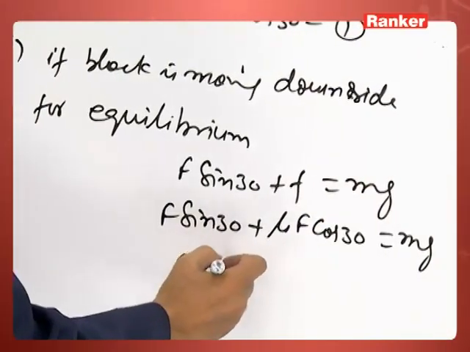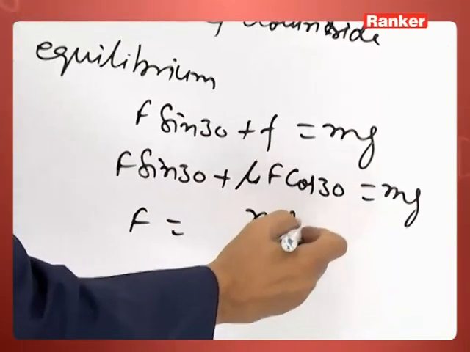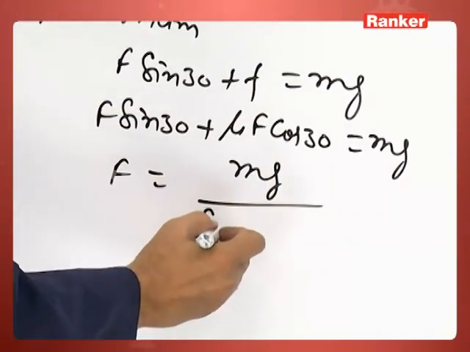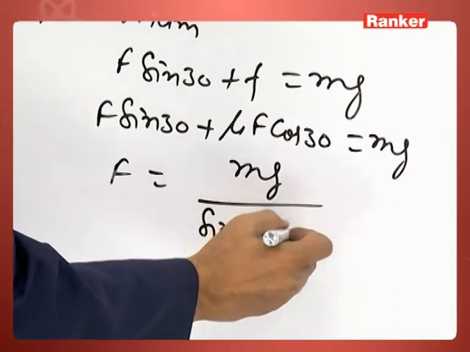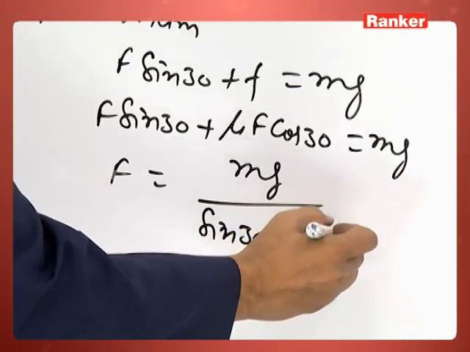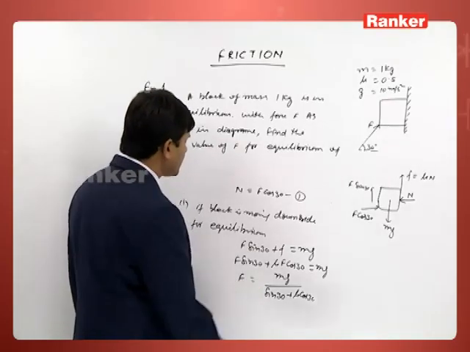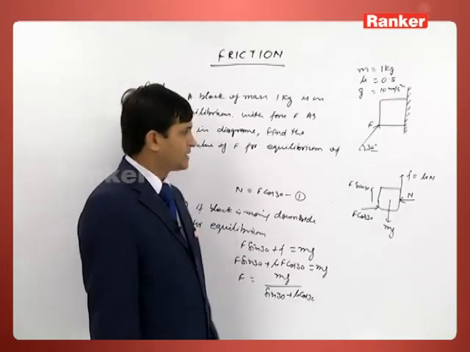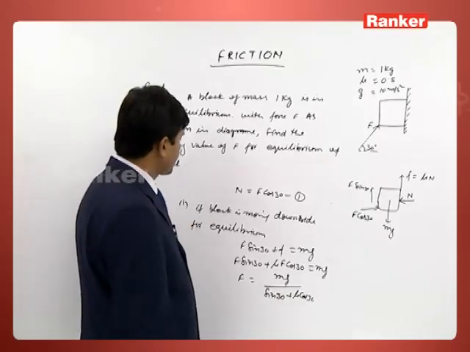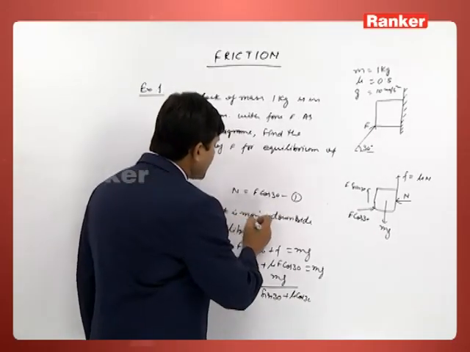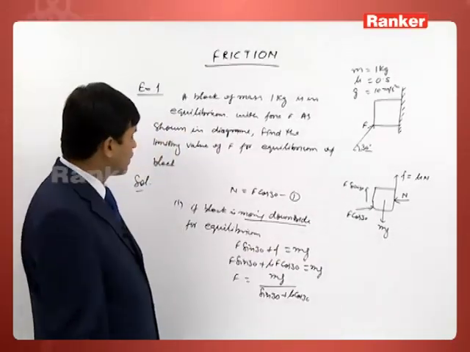So F is equal to mg by sin 30 plus mu cos 30. This is, you can say, the minimum value. This is the case when the block has a tendency to move downward.